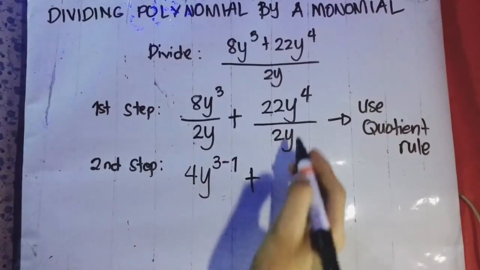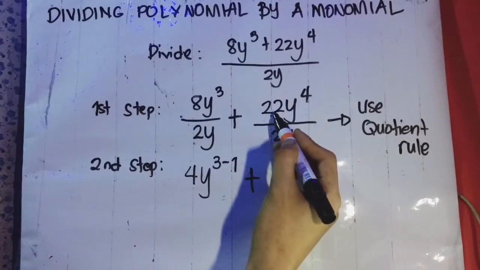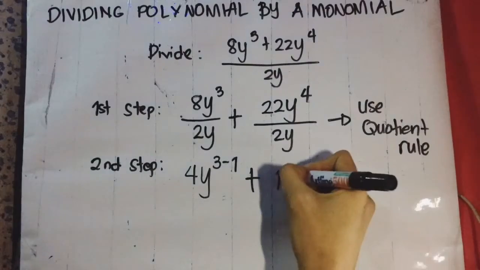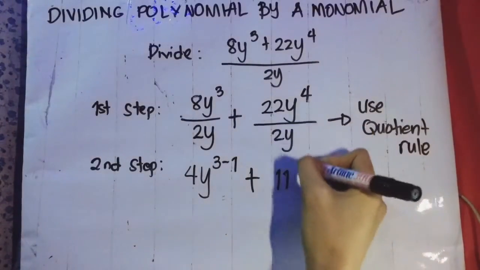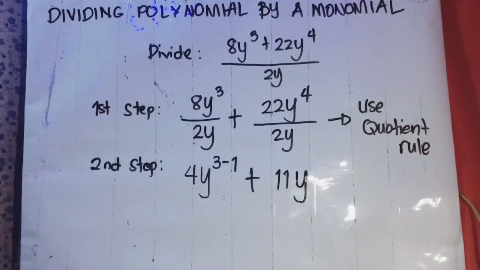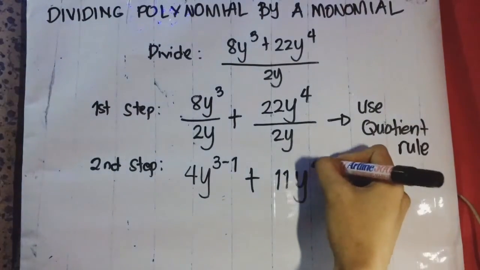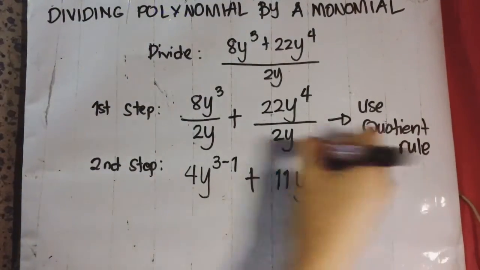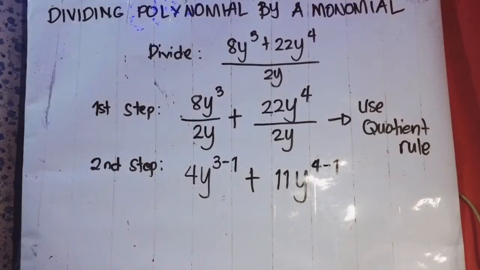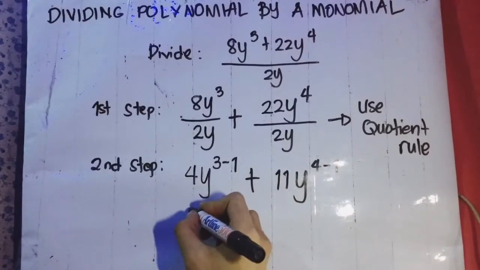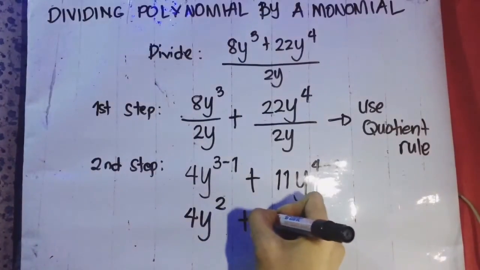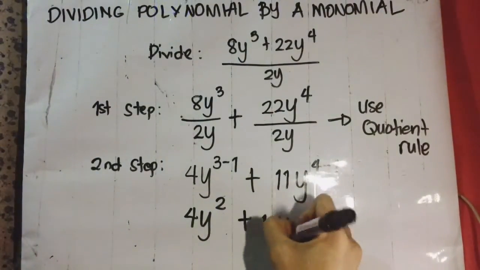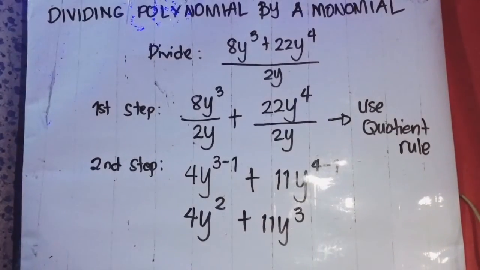Plus, divide your coefficients, 22 divided by 2 makes 11. Divide your variables, y to the power of 4 divided by y. So copy your variable y and subtract your exponents, 4 minus 1. Afterwards, we have to simplify: 4y to the power of 2 plus 11y to the power of 3.